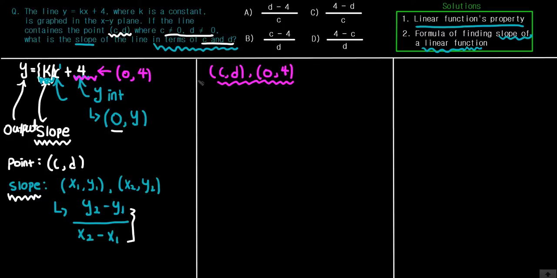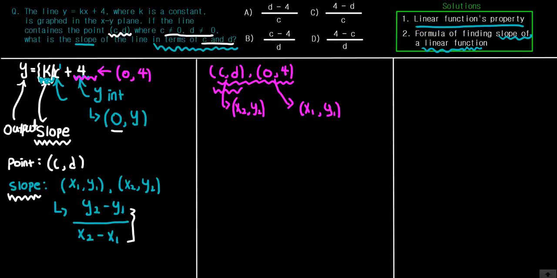So at first, I'm going to call this point (c, d) x2 and y2, and I will call (0, 4) x1 and y1.